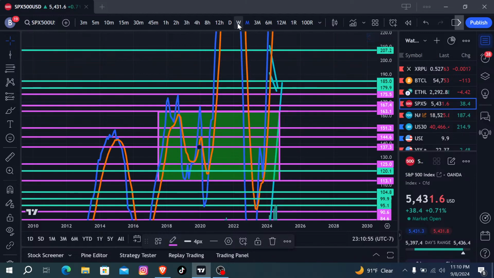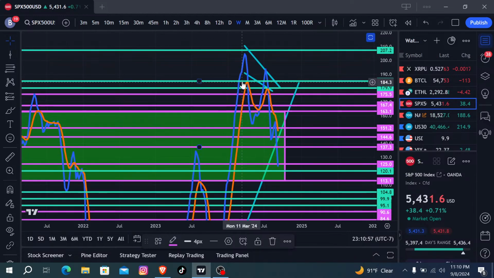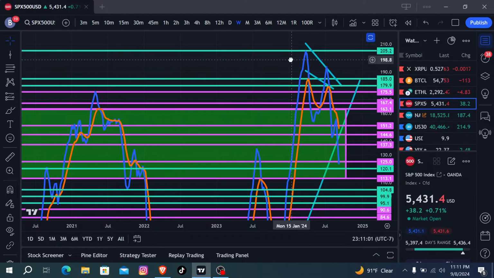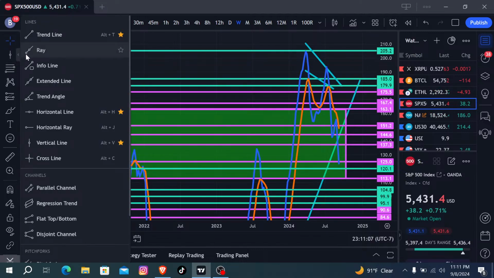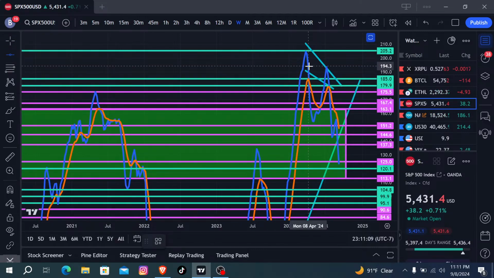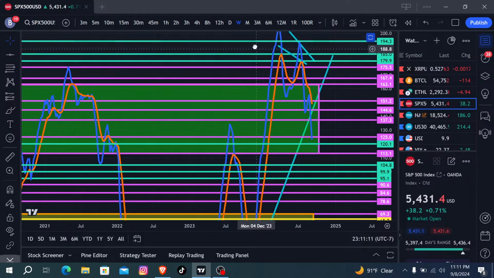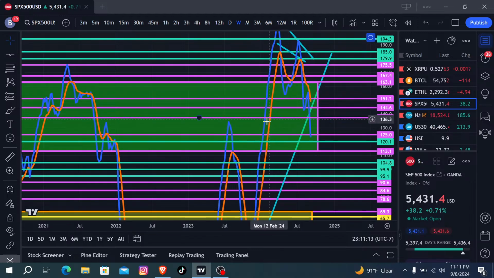Then I go to the weekly and do the same thing. Mark down the weekly, so every tip. Oh, I forgot to do this one. You have one right here.